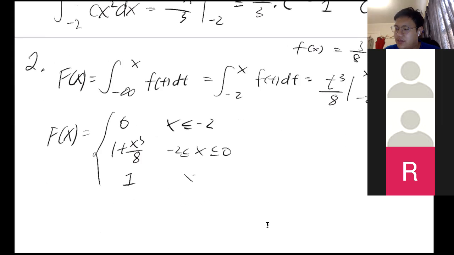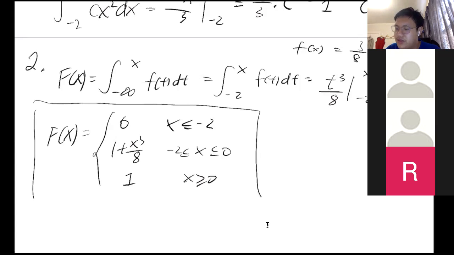So when x is greater than or equal to 0, the cumulative probability stays at 1. Yeah, so this is a complete answer for problem 2.